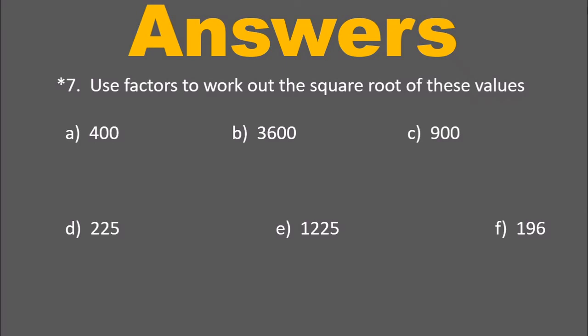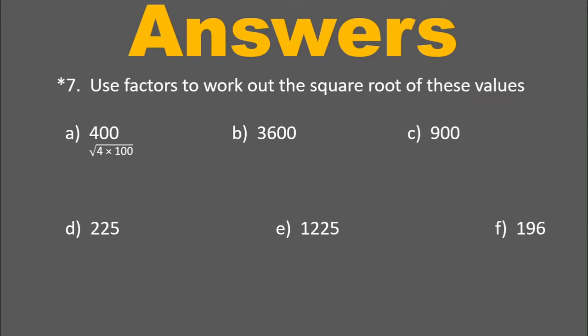For question 3, if you haven't yet done it, I'll give you the hint and hit pause and try it for yourself. First of all, 400 is a square number, but it's quite a high one. But you might notice that 400 is the same thing as 4 times 100. So for square rooting 400, try square rooting 4 and multiplying that by the square root of 100.